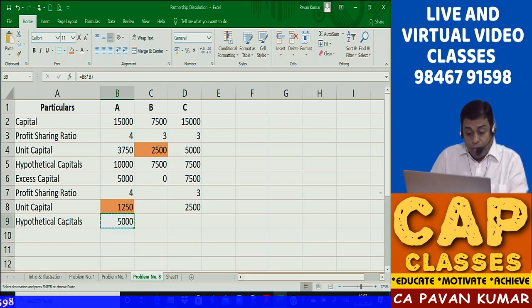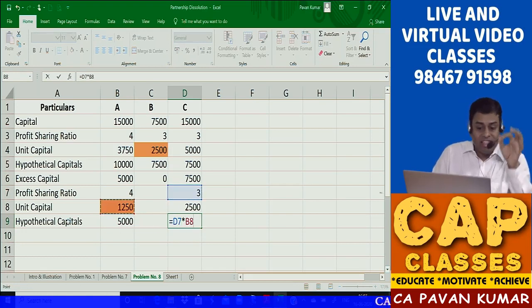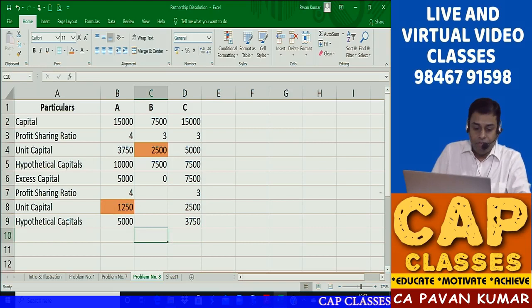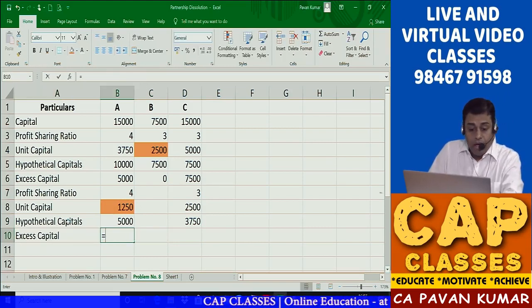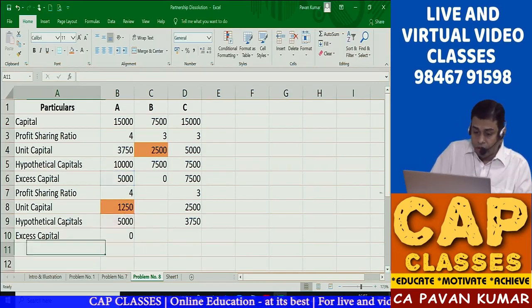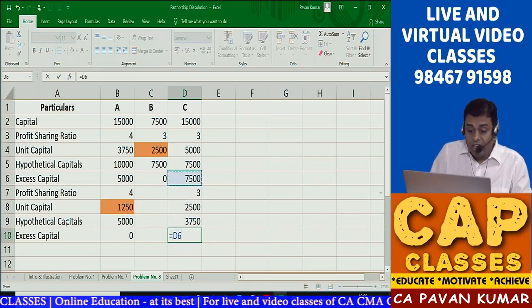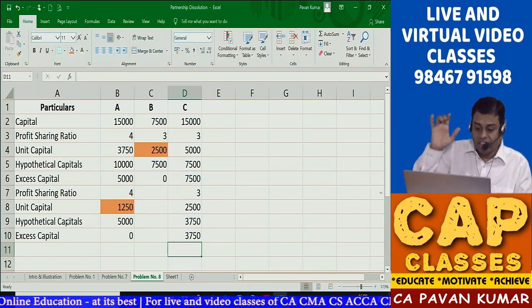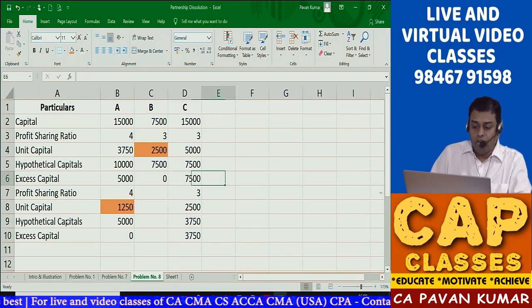What is the hypothetical capital of the other guy? It is 3 units into the unit capital, the lowest is the basis, 3,750. So what is excess capital? Here for my 5,000, it is 5,000. But here 7,500 minus 3,750. This is second round excess capital. This is round 1.